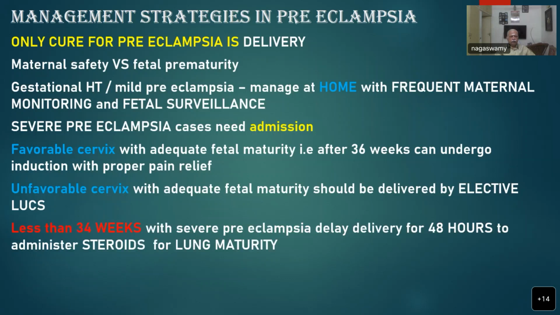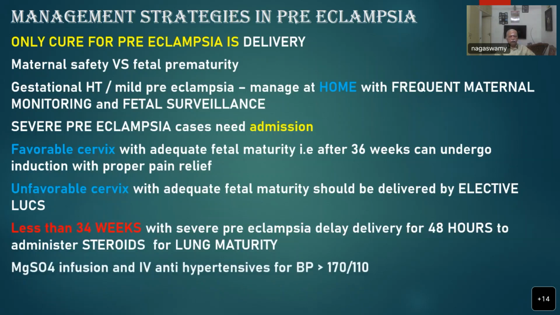But if it is less than 34 weeks with severe preeclampsia, you must delay the delivery for 48 hours so that you can administer dexamethasone or betamethasone and get the maximum lung maturity and then deliver the baby. So that is the only criteria.